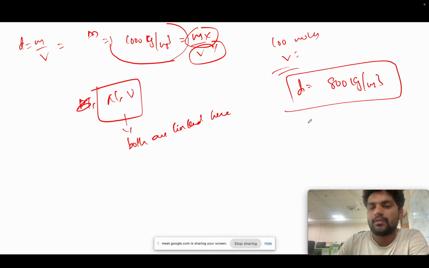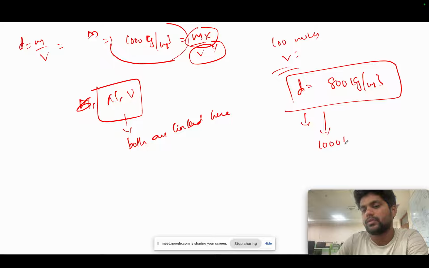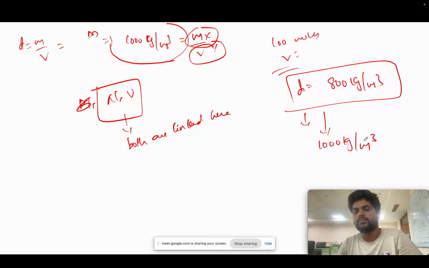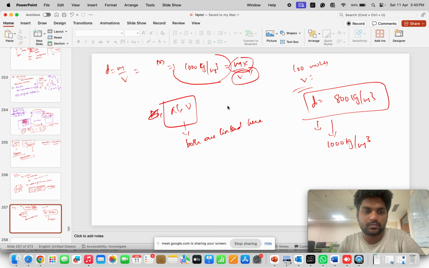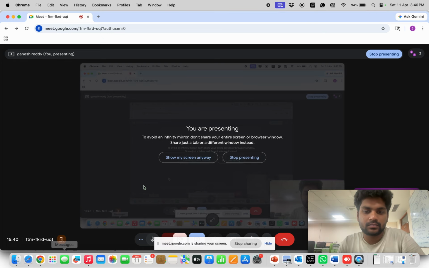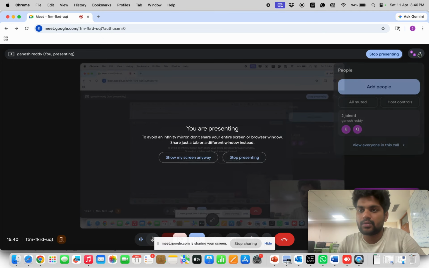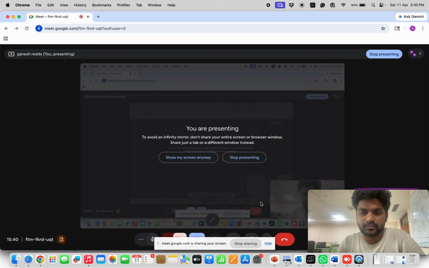So how can we make this value 1000 kg per meter cube? Anyone knows how to increase the value?